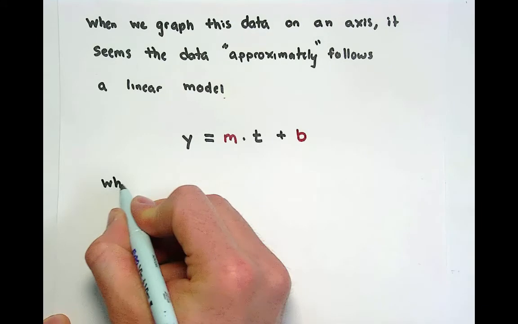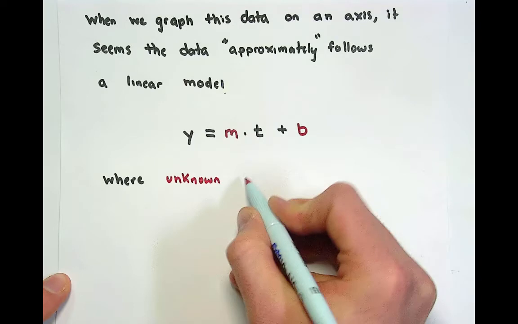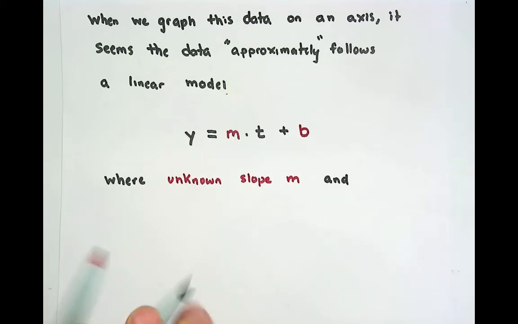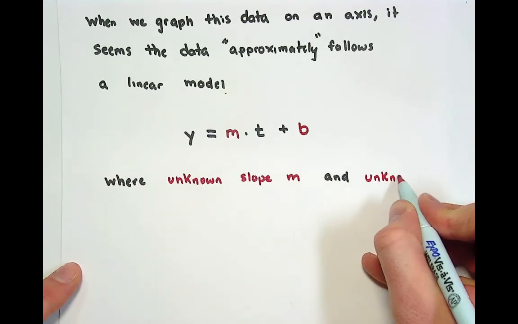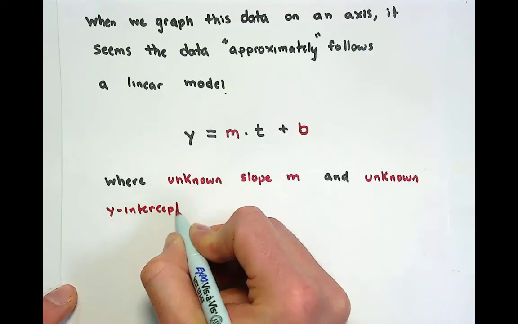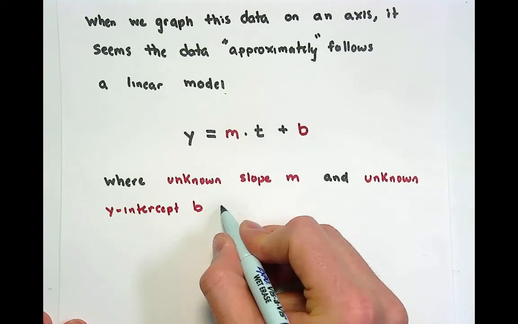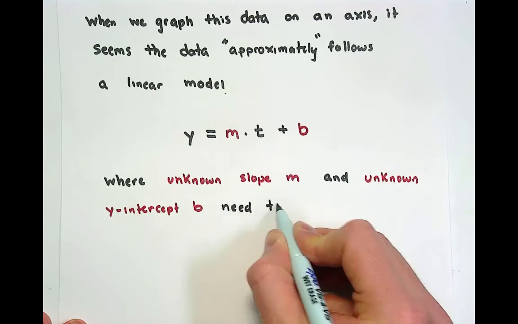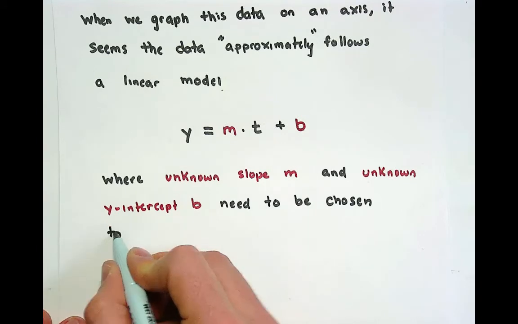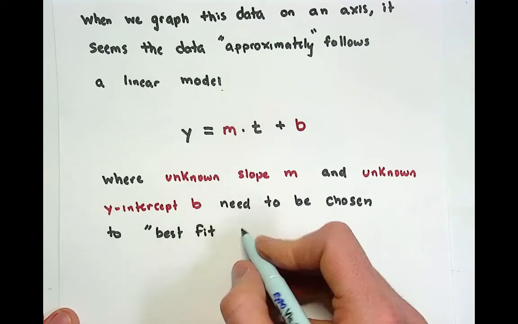Where unknown slope m and unknown y-intercept b need to be chosen to best fit, and this is where things get really exciting, don't you think?